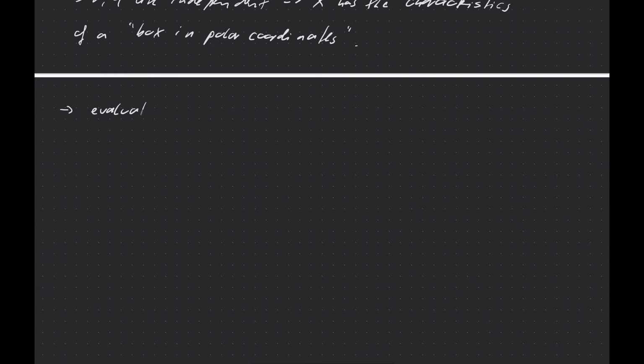So we want to evaluate the integral of f of x dx over X, but we want to do that using polar coordinates. Now what do we need for that? First thing we need is the transformation.